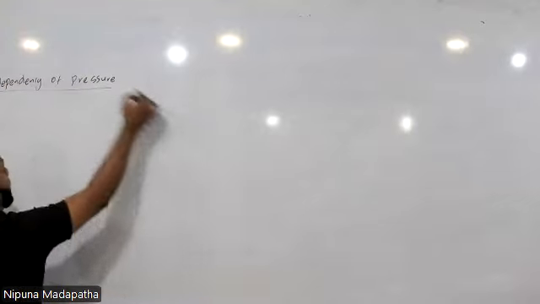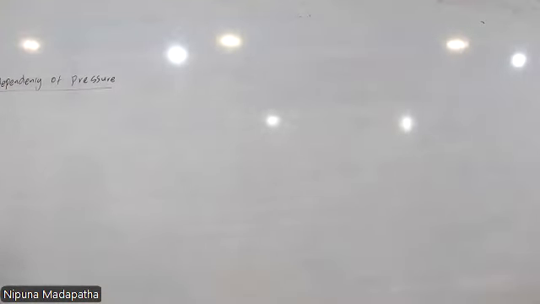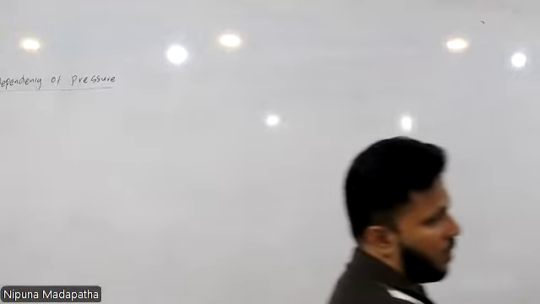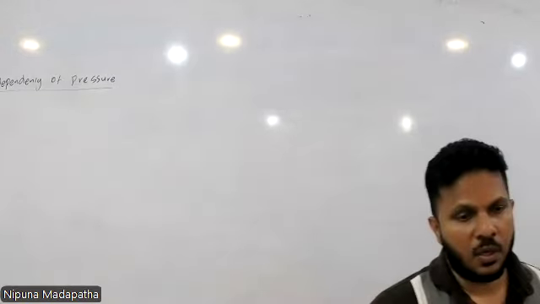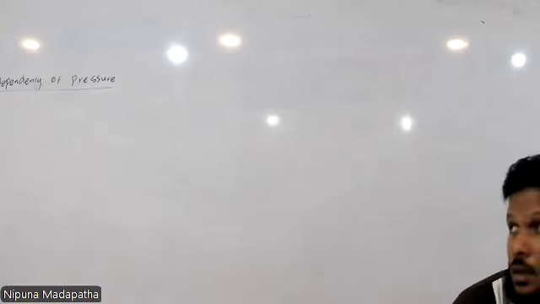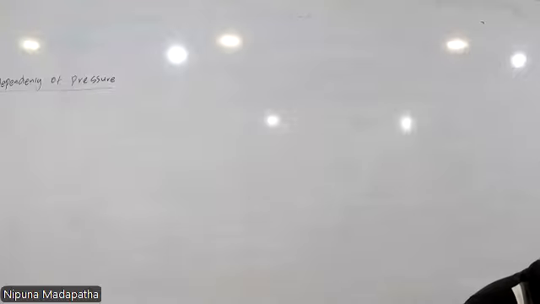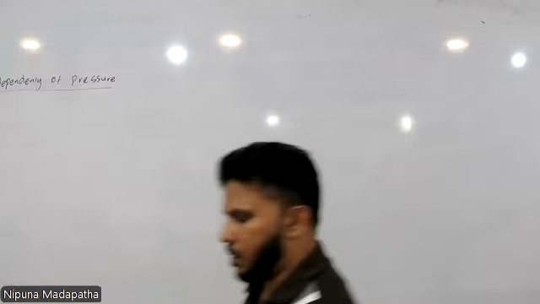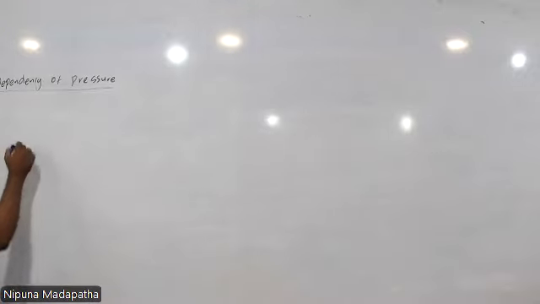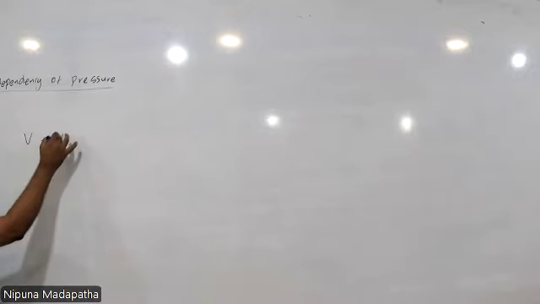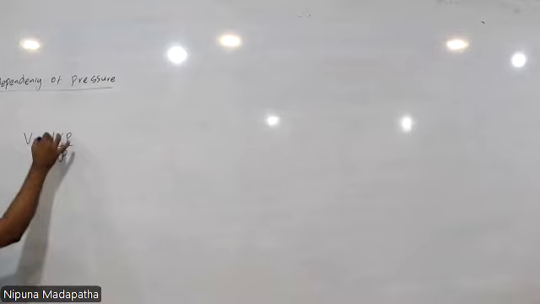And let's see how the speed of sound in air depends on pressure, right? How does the speed of sound in air depend on the pressure? What can you say? Pressure increase. So by looking at this expression, V equals the square root of gamma P divided by rho.